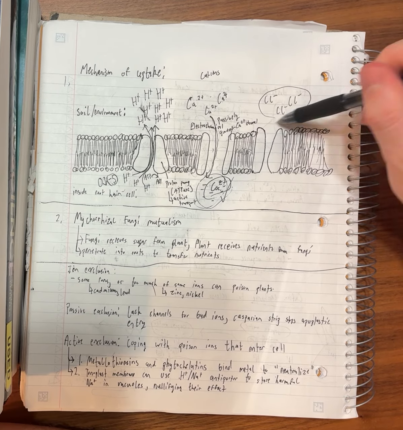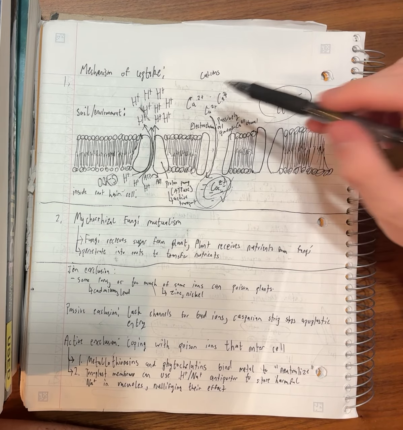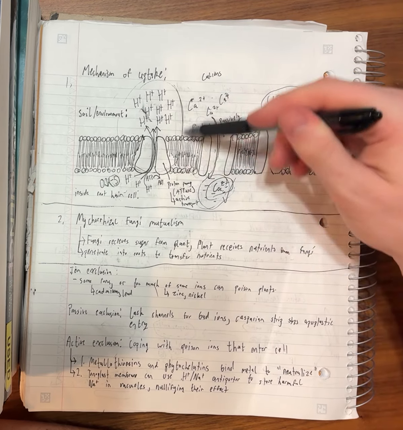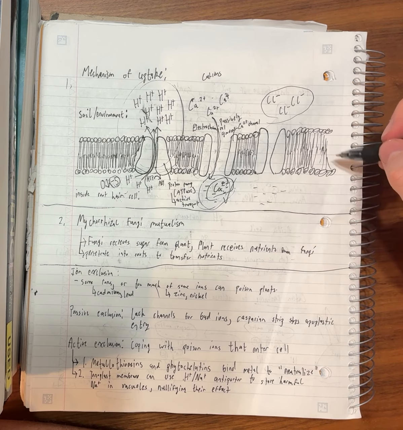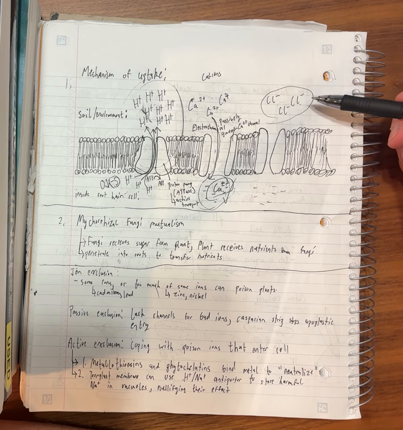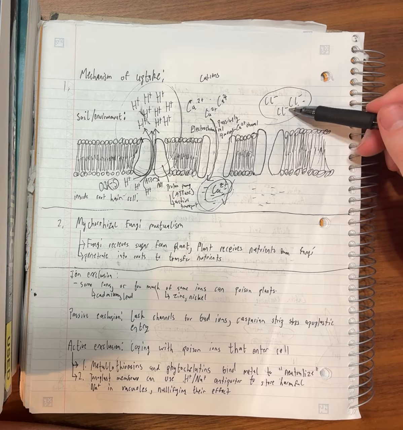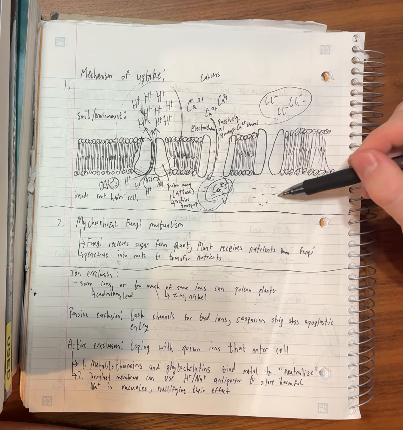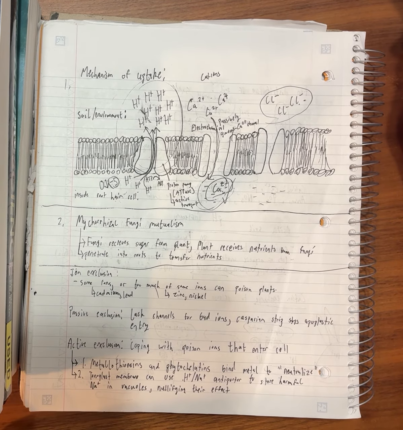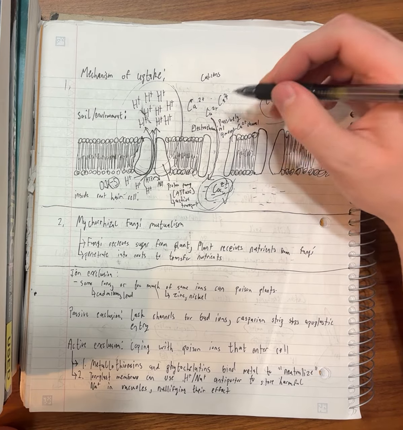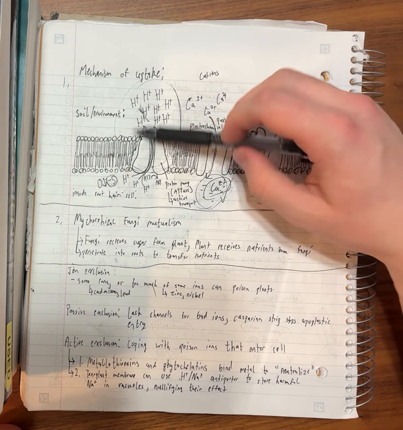Now I need to get these chloride ions, and that is going to pose a little bit of a problem because remember, the work of this proton pump over here made the inside of the cell negative. These chloride ions do not want to go through here anymore. They don't want to because a negative is not going to like a negative. It wants to repel the negative. So what we are going to have to do is use the other aspect of this proton pump.